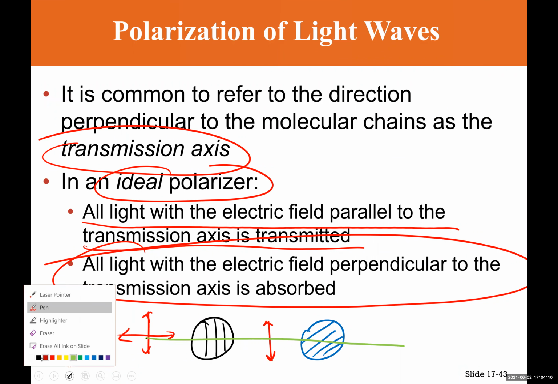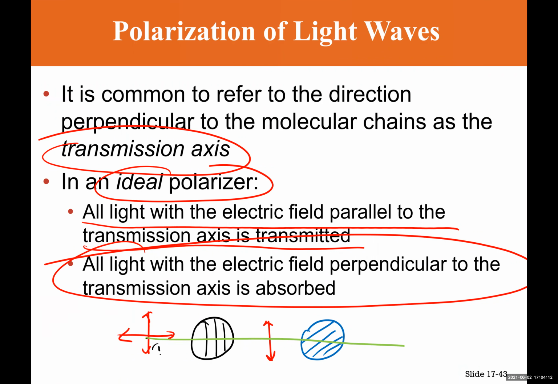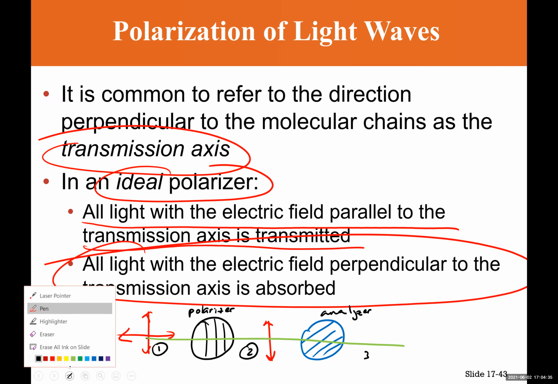Now what I have here is: one, the region where the light was unpolarized; two, the region where it is linearly polarized; and three, where the light goes through the analyzer. So this is a polarizer, and this is an analyzer. The analyzer doesn't have to be perpendicular to the light.